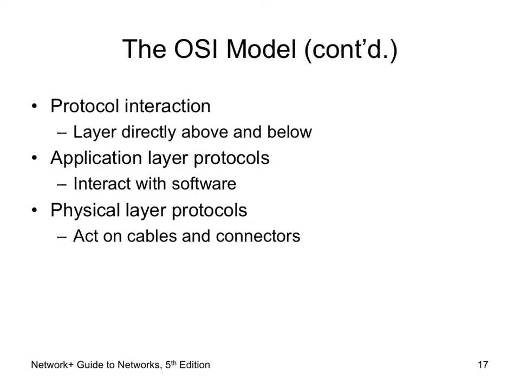So it's protocol interaction. On the layering, each layer usually interacts with the layer above and below. It can overlap layers. And it's not software, but it interacts with software on the application side. The physical layer covers protocols that affect cabling and connections.